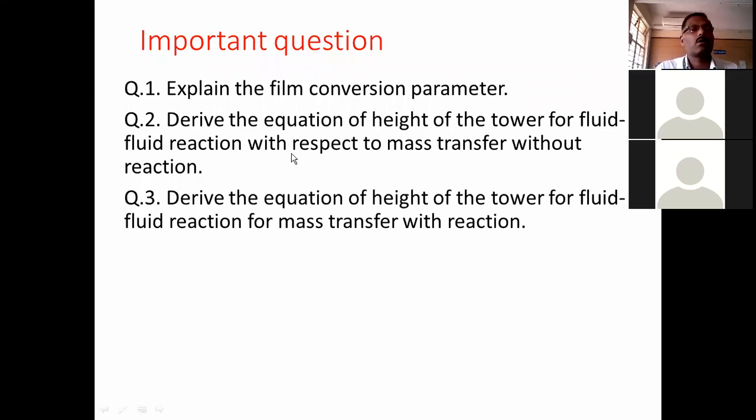Second, derive the equation of height of the tower for mass transfer without reaction, calculating H for gas film and liquid film. Third, derive the equation of height of the tower for mass transfer with reaction. So without reaction and with reaction, you must be able to explain this H derivation for the height of the tower. These are the important questions asked.